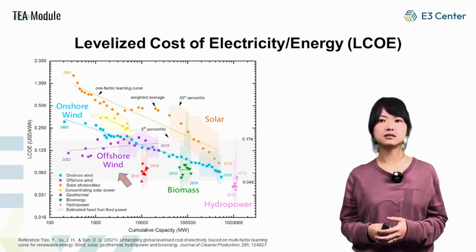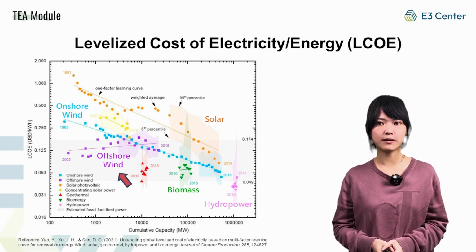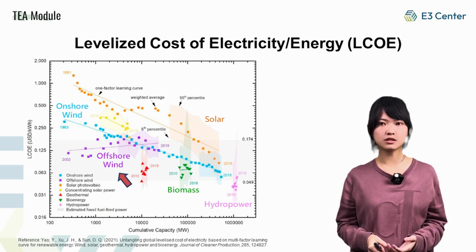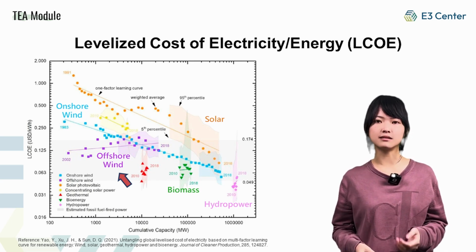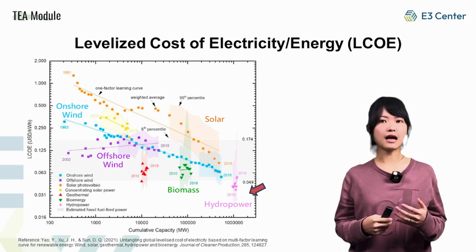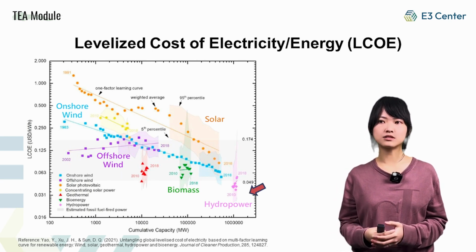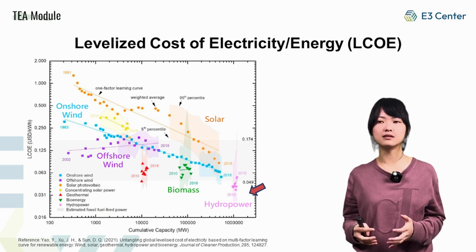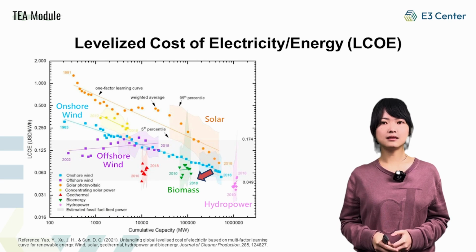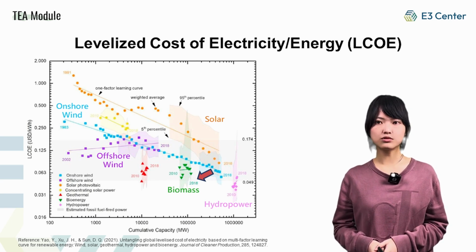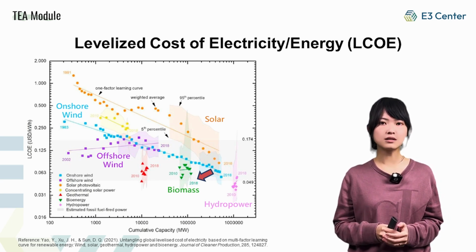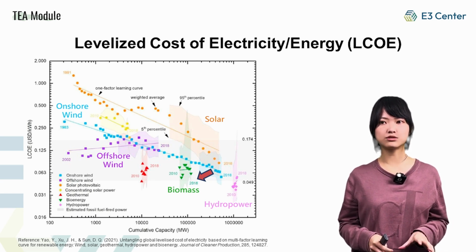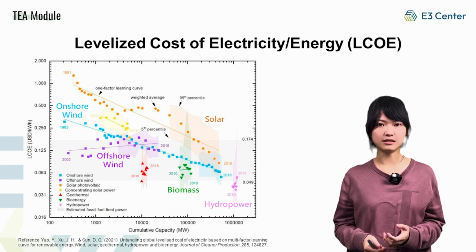It should be noted that for wind power, especially offshore wind power, the costs are influenced by the availability of the wind resources and the advancement in turbine technology. Next is hydropower, which is a well-established technology with generally low LCOE, particularly for large-scale dam projects. And the next one is biomass energy, which encompasses both biomass power and biofuels. It varies in LCOE depending on the biomass resource and the technology employed.